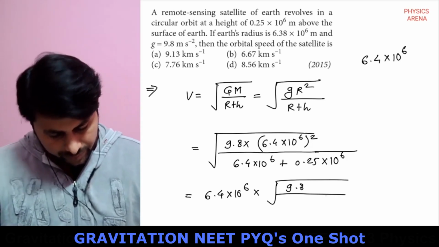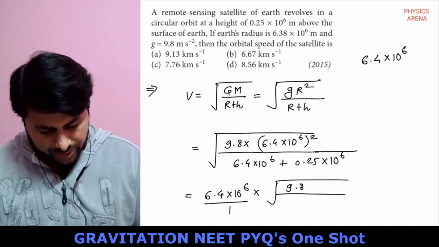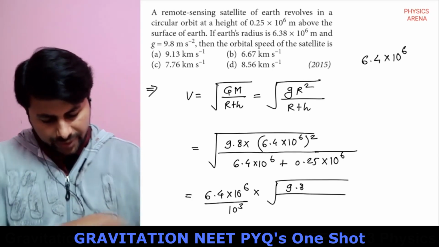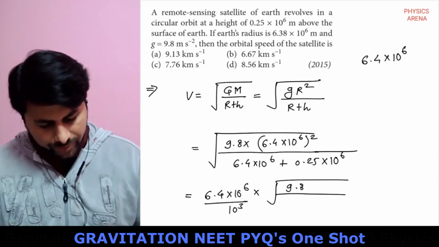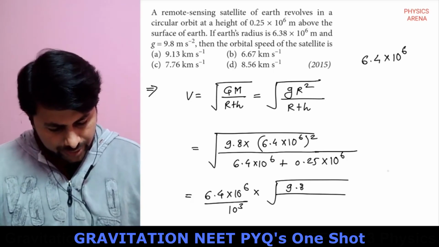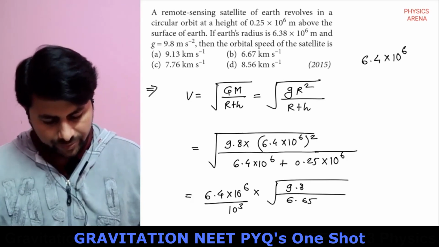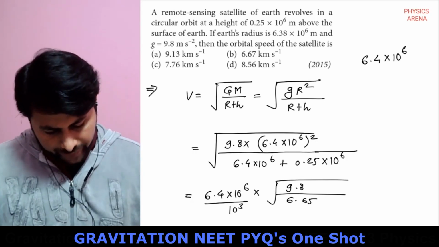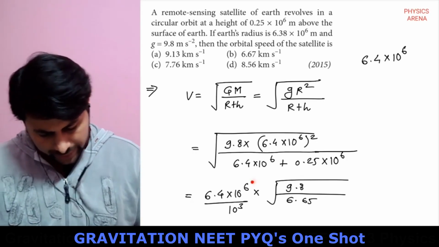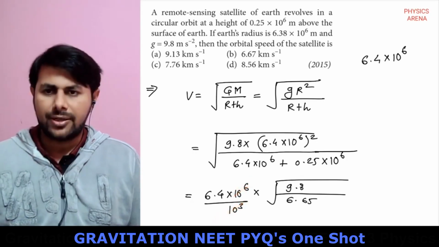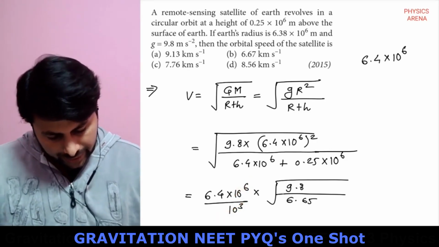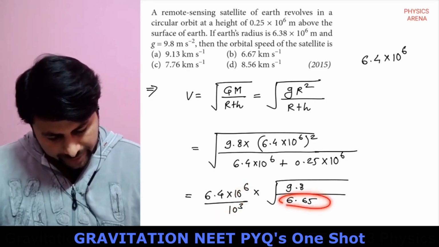Square root of that is 10 raised to 3, so we can take it outside, and then 6.4 plus 0.25 is 6.65. So 10 raised to 6 upon 10 raised to 3 is 10 raised to 3, and 9.8 divided by 6.65.